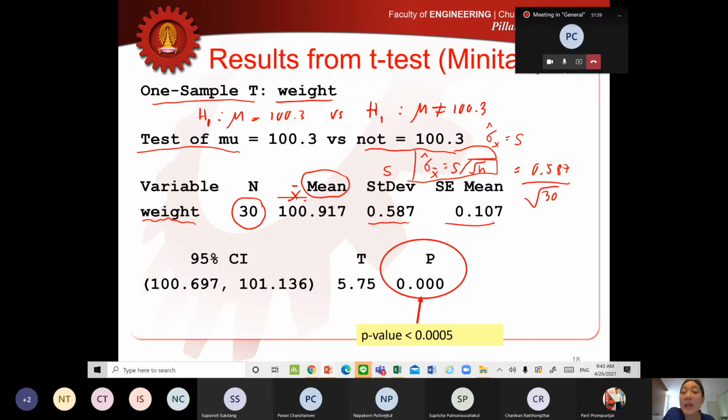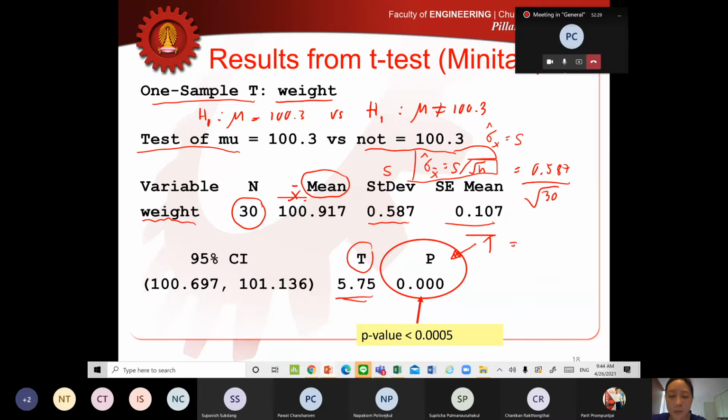In the QC course, you can take that as basic, and then you can use Minitab, or actually you can use Excel also to do this for you. So what you need is what we call the p-value to make the decision. And the p-value actually comes from the t-value, and the t-value here is 5.75.